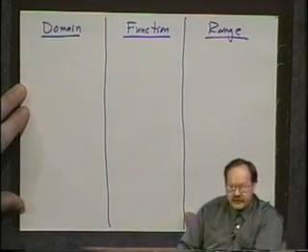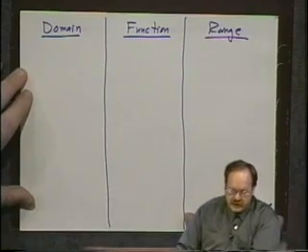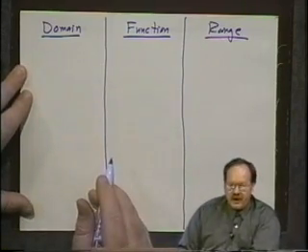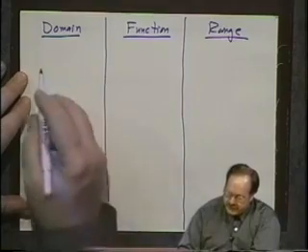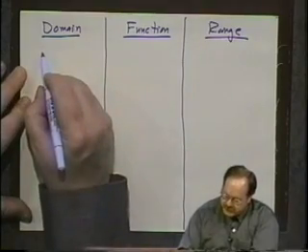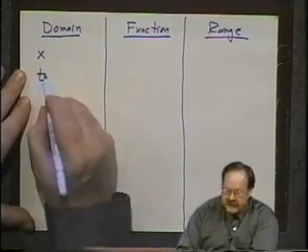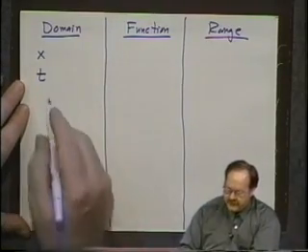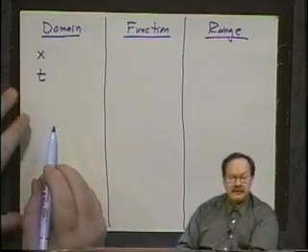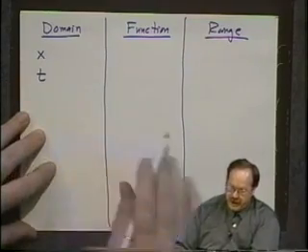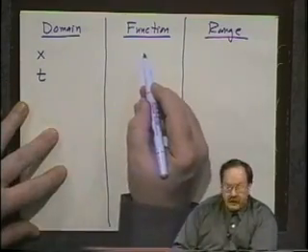Not just the words that are used, the language, but the notation. Domain elements are often just listed by single variables. There are some traditional ones that we will see very often in this course. Of course, x is one. T is another one that we'll see fairly often because T often stands for time in problems where time makes a difference. Let me go ahead then and go to the function.